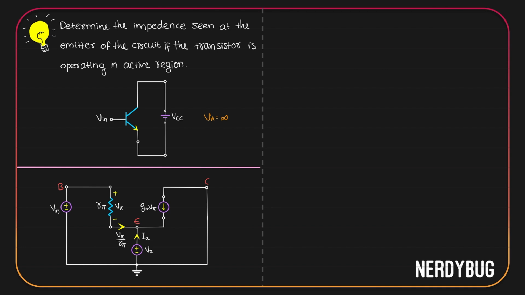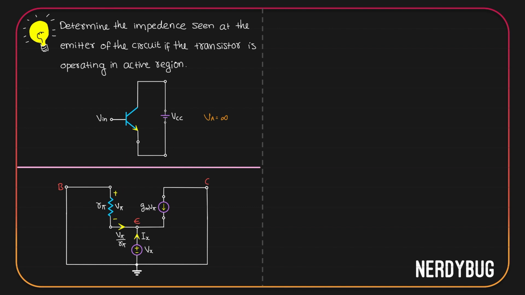The first thing that we have to do before we find Thevenin's resistance is to turn off all the independent sources. We have V input, which is an independent source. So to turn it off, we have to short it. Now, let us apply KVL across the left loop, that is over here. I'll start from this point and go clockwise. As I go, I can see V pi from positive to negative.